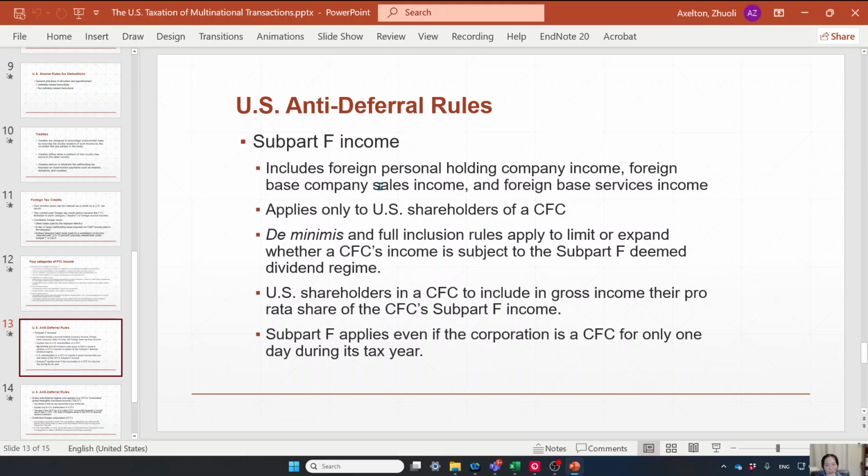That's why a lot of multinational corporations set up those foreign subsidiaries, and they defer the income to be taxed in the U.S. So the U.S. anti-deferral rules are set up to circumvent those situations. The subpart F income rules make sure the U.S. corporation includes certain foreign income in the U.S. income tax base.